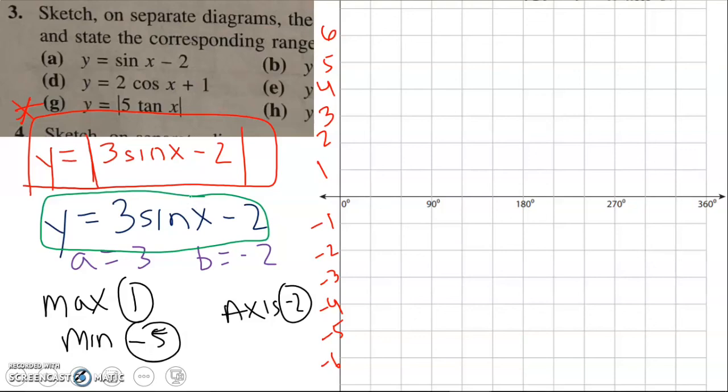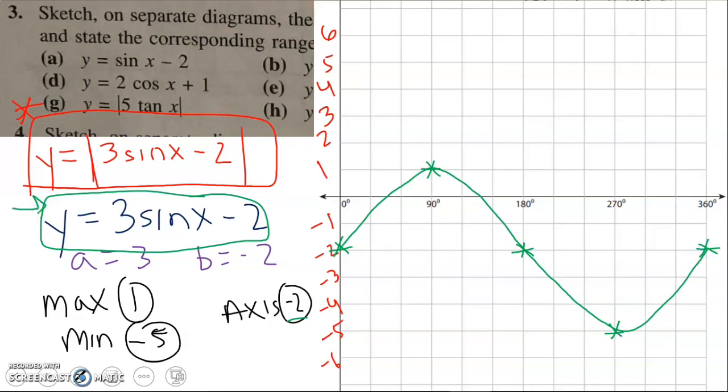Now this is sine, so it's going to start at your axis, which is -2. It's going to go up to your max, which is at 1. It's going to go back to your axis, then down to your minimum, and then back up to axis. Okay, so here's how this should look.